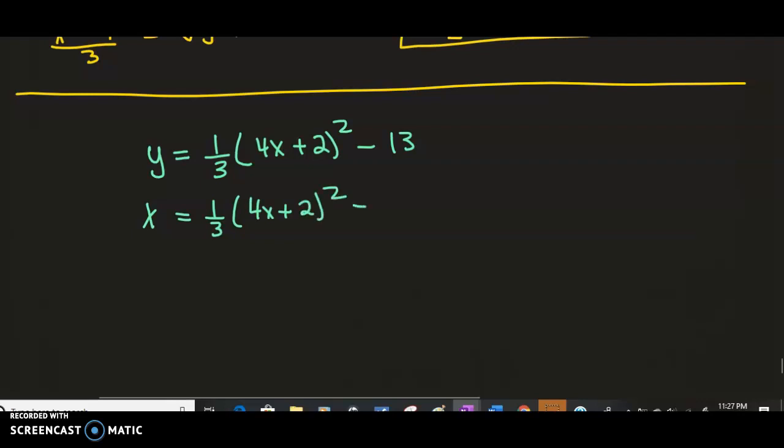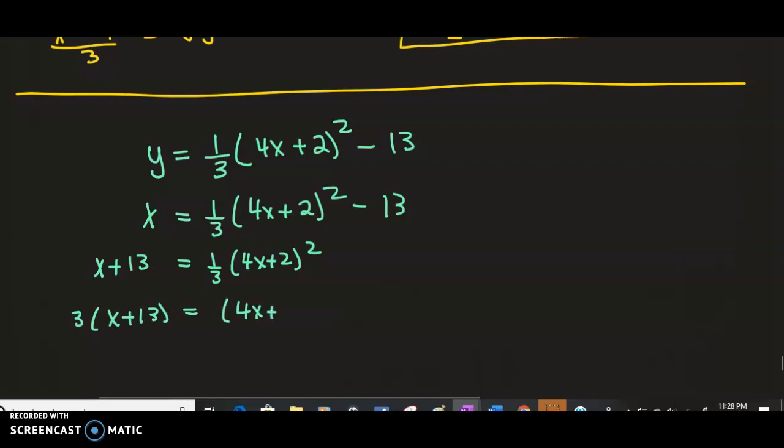I'm going against the clock here. I've got 3 minutes. So add 13 both sides. Next thing, we multiply by 3. Both sides. Next thing we do is we take square root, both sides.